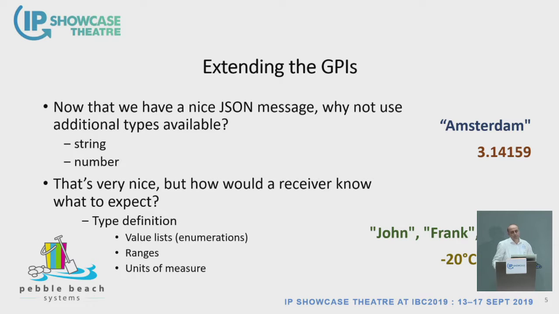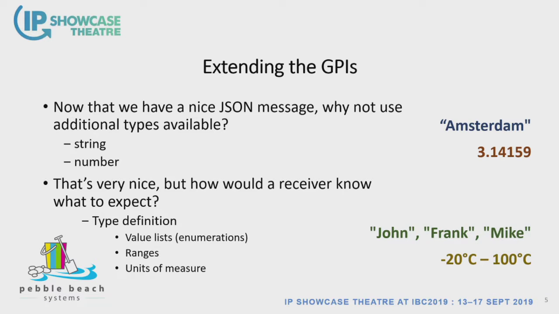But then another problem: if we are talking about numbers, you receive on your receiver the number 5. And what is it? Just a number doesn't mean that much. So we also added type definitions, which can bring a unit of measure into that. So it says, okay, that is 5 degrees Celsius, or 5 megabits.